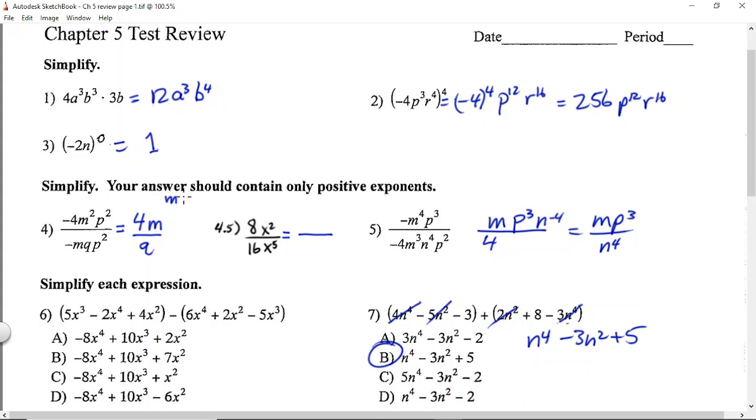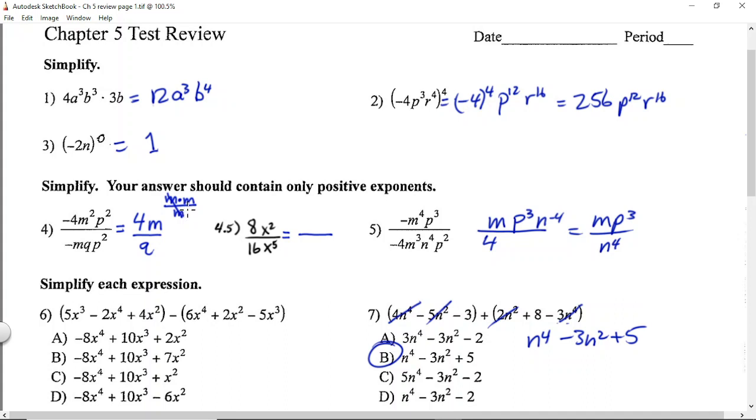M squared is in the numerator, but that means m times m, right? It means write it twice. So there we have m times m, because the exponent is 2, and in the denominator the exponent is 1, so we only write it once. Notice this cancels. That 1 in the denominator cancels one of those in the numerator. You might say it subtracts away from the numerator.